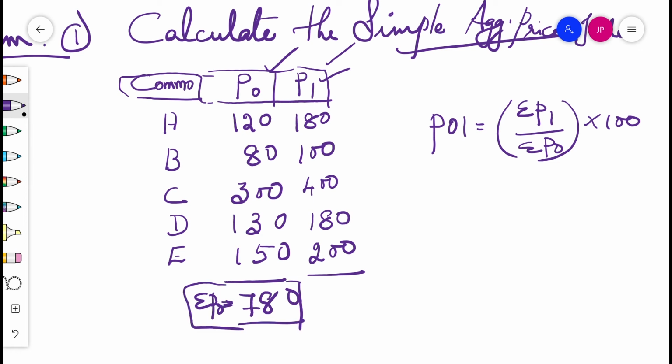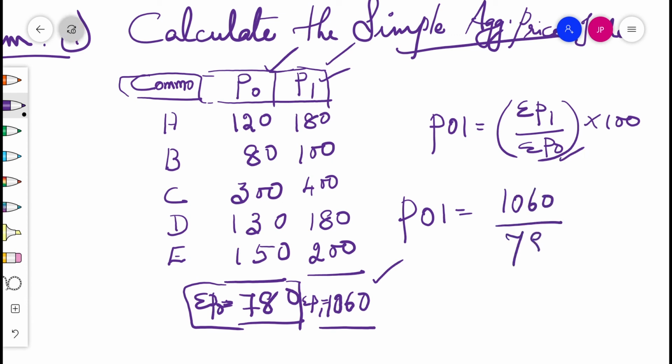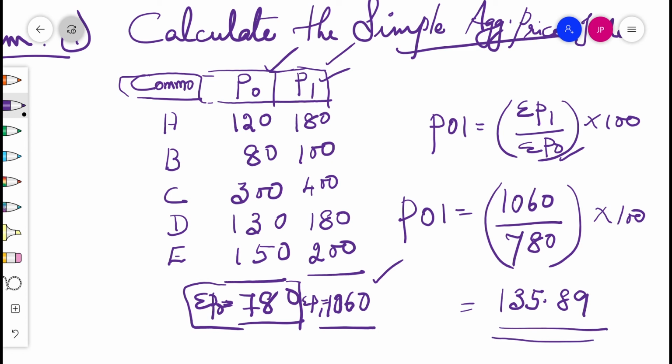The total summation of sigma P1, total of prices of the current year: 0, 8 plus 8 is 16, balance 1, 3, 4, 8, 10. So 1060. Substitute the values in the formula. Sigma P1 is 1060 divided by 780. Do this division, then into 100. The final answer P01 is 135.89. So the price index has gone up by 35.89 with reference to 100. That's why it is said to be specialized percentages.